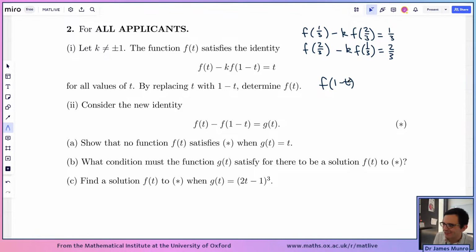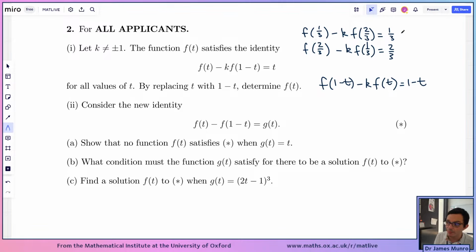I could use a different letter if that would make people happier, but I'm just going to go for it. 1 minus 1 minus t is just t. What I'm trying to do is write down a relationship that, in general, if you started with 1/3 and you want to switch to this 2/3 fact, because that also includes f of 1/3, I'm trying to generalize that.